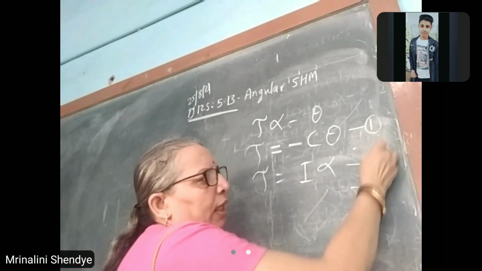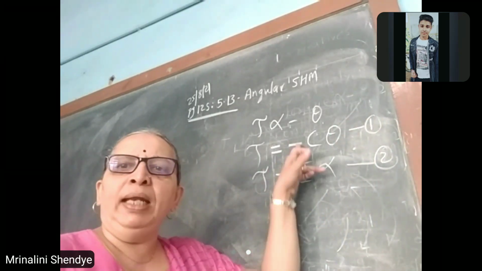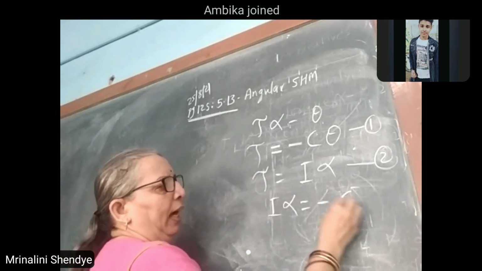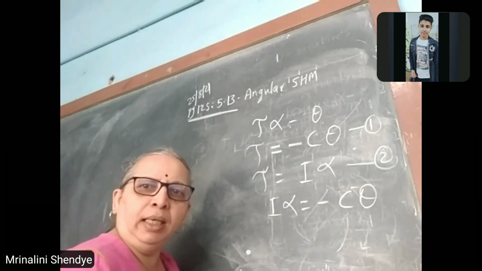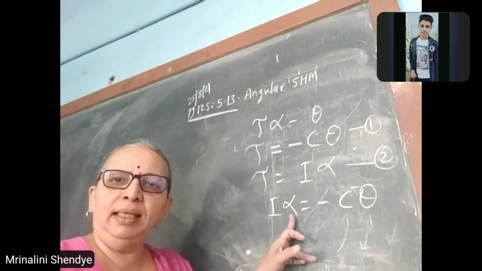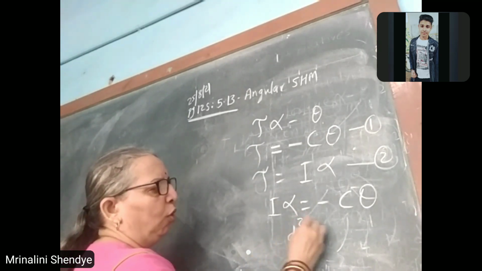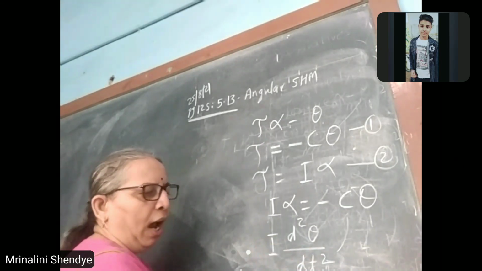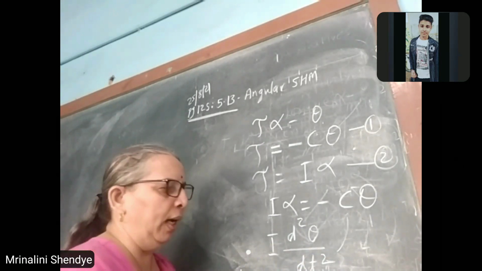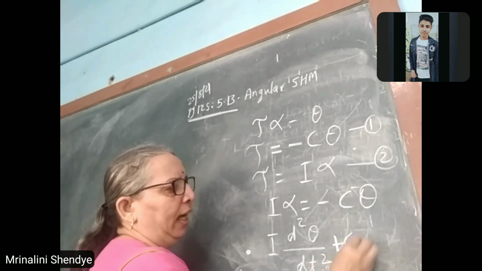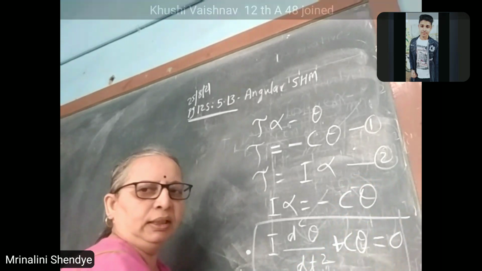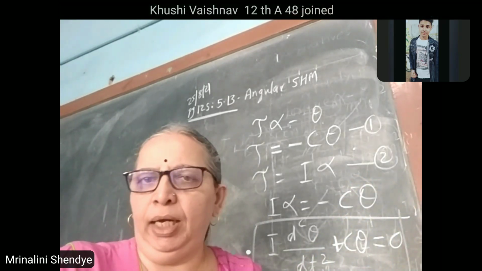This is equation 2. When we compare these two, I could write I alpha as minus c theta. Rearranging, angular acceleration is the double derivative of angular displacement with respect to time. So I d2 theta by dt square plus c theta is equal to 0. So this is its differential equation.